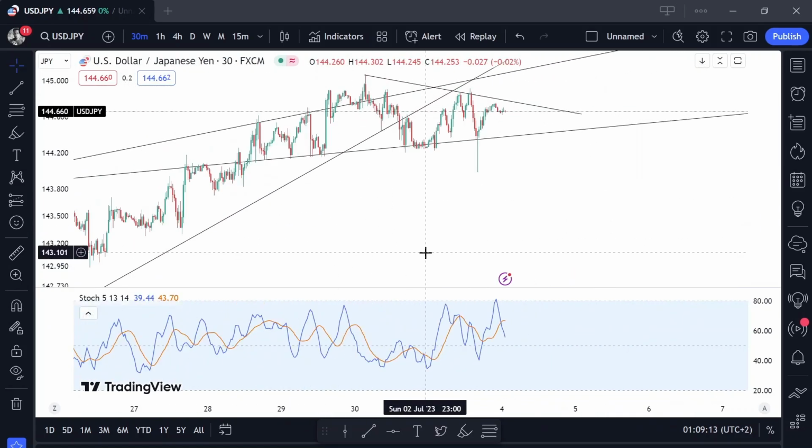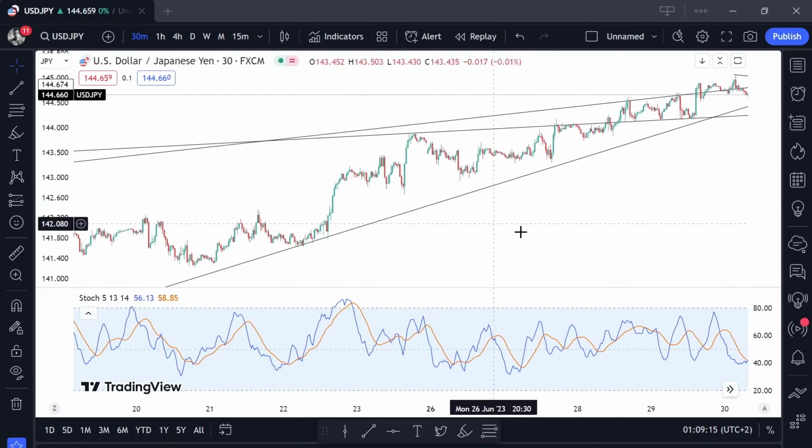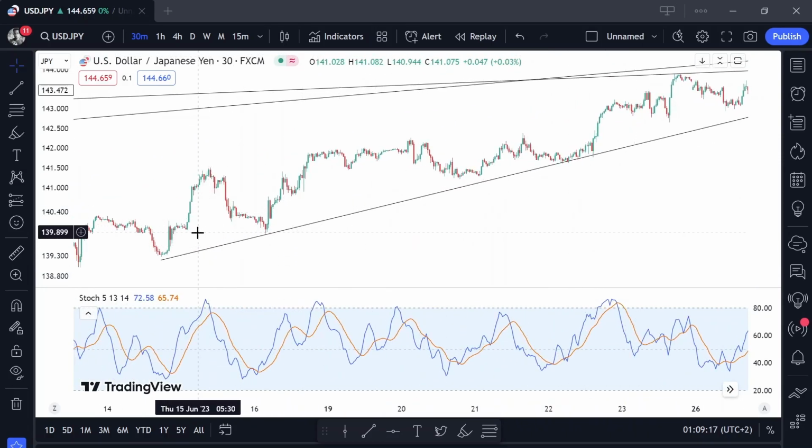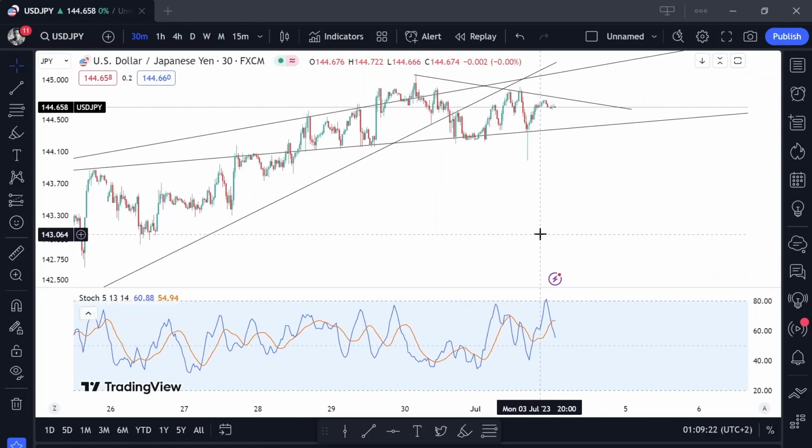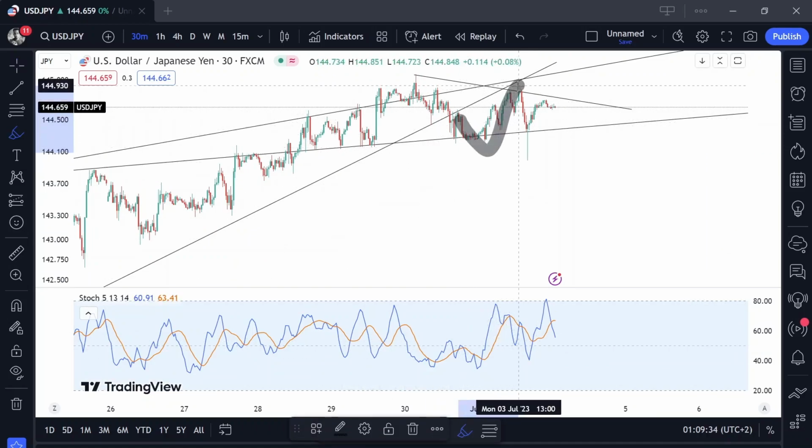Okay, so if you draw your trend line like this, you can see that USDJPY was on an uptrend, but to me, it broke the structure here, then it broke the structure here, then it came for a retest.